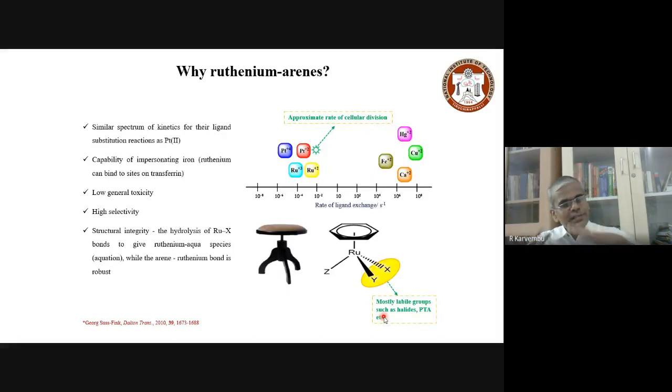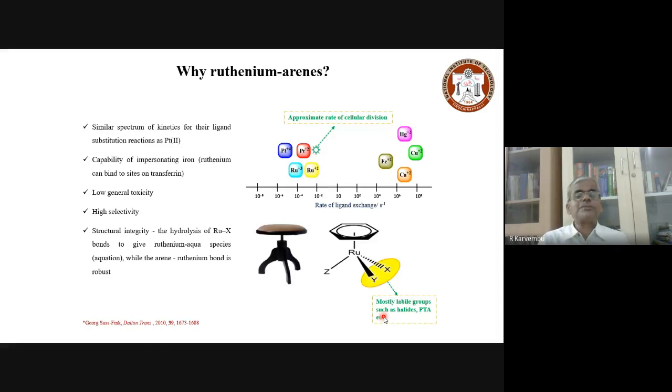So there is a substitution reaction happening in the system. Only the aqua complex interacts with the N7 nitrogen of the guanine base, and that leads to cross-linking of the DNA strands and inhibits the replication of DNA, right? So the kinetics of the ruthenium arene system is very similar to platinum.